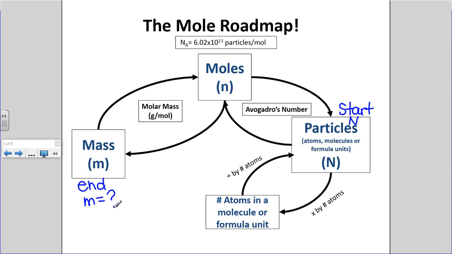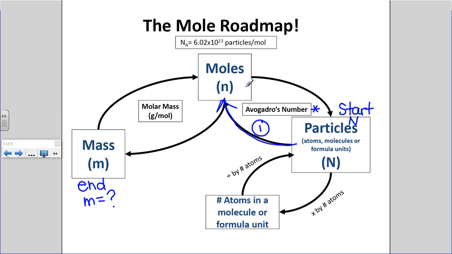So we have to follow the road in the right direction. So we're going to first look at our arrows. This arrow points here. Step 1 means we're going to first have to take our number of molecules and convert them into moles. And we're going to use Avogadro's number. That's one part of our calculation.